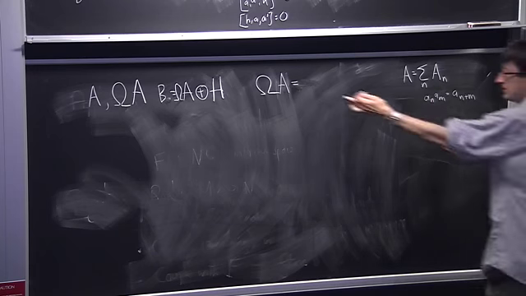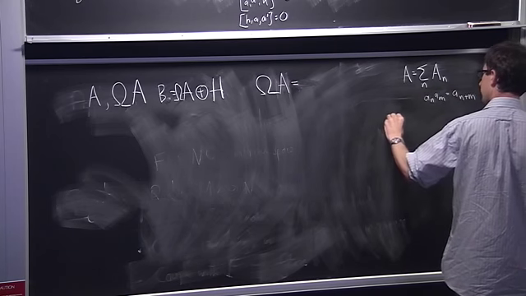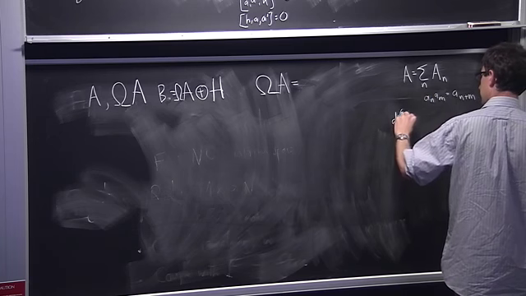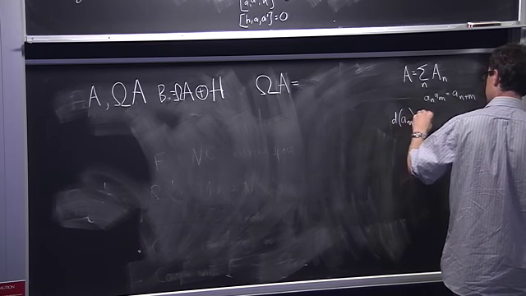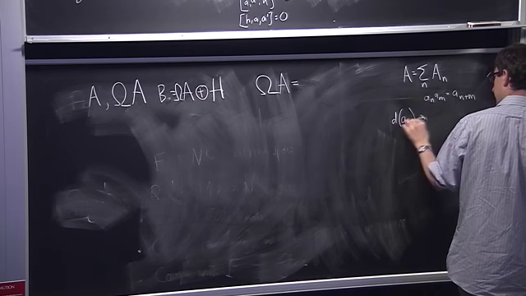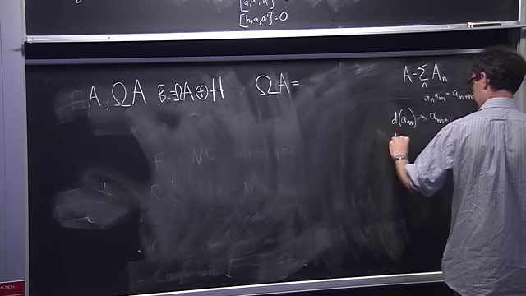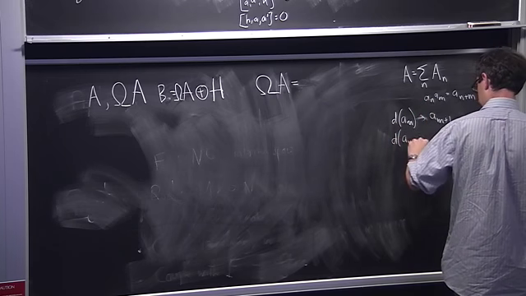And differential graded algebra means that it's also equipped with a differential D, which maps m forms to m plus 1 forms, and satisfies the graded Leibniz rule.